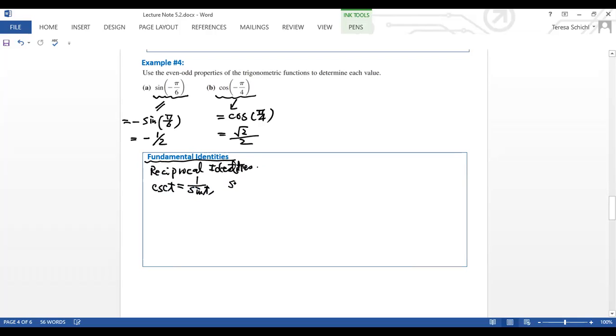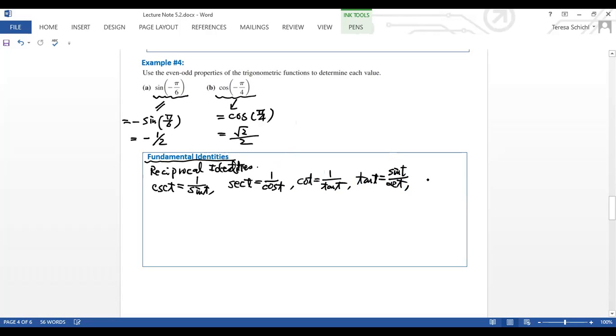The same for the secant t, it's 1 over x, so it's 1 over cosine t, right? And then we know the cotangent is x over y, so it's just 1 over tangent t. And the tangent t is equal to y over x, so it's sine t over cosine t.